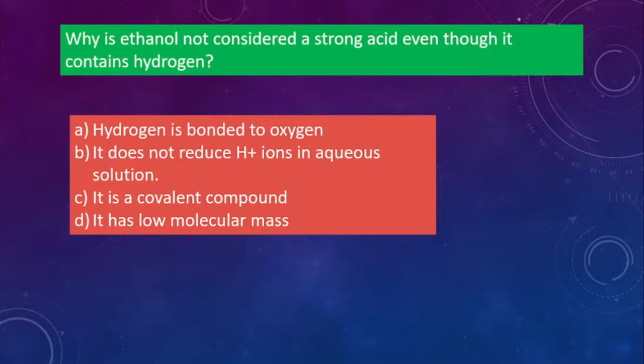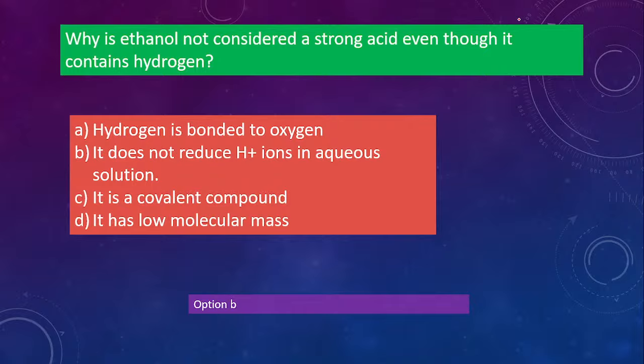Okay, so your answer is option B. It does not produce H plus ions in aqueous solution. That's the main important keyword for an acid or a base. In case of an acid, H plus ions, that is hydronium ions, have to be formed.